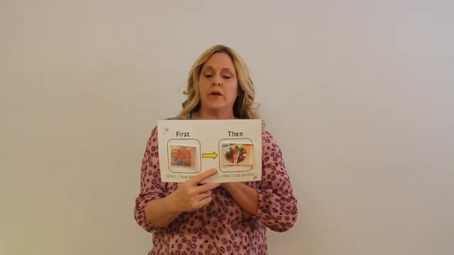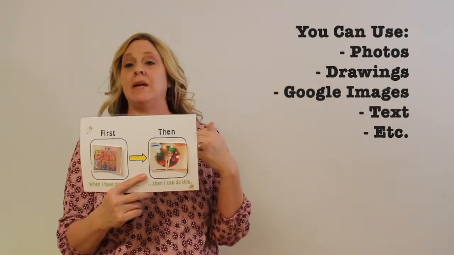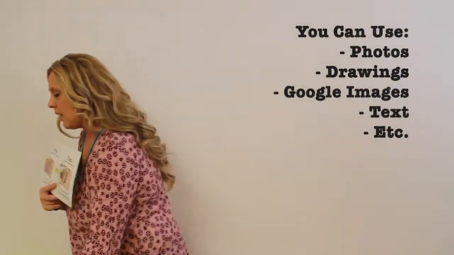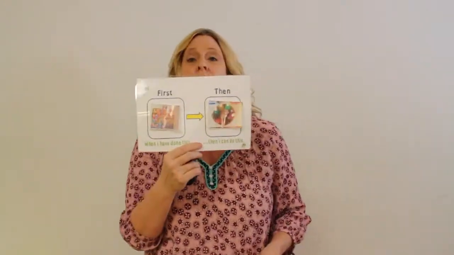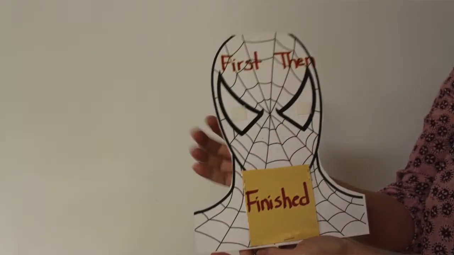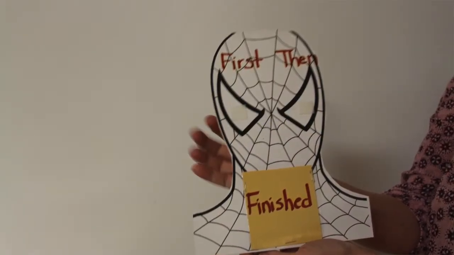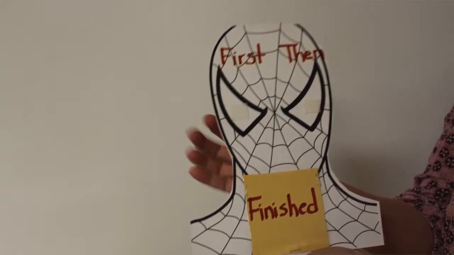So what we want to do is put the visuals on a board. It could be actual photos, it could be drawings, it could be actual written words. I want you to know that this is just one that I had found online. I make individualized ones. For example, I have one here of Spider-Man, first and then, and they put their cards down here in the finish pocket when they're done.